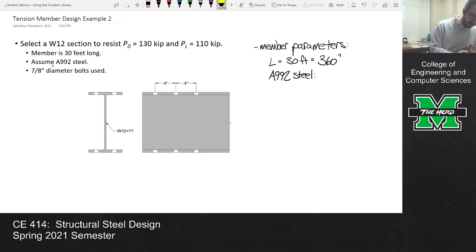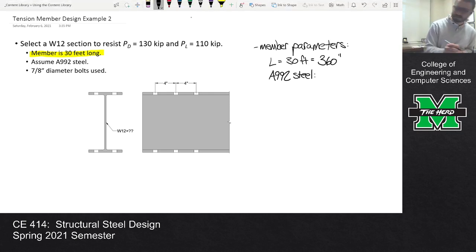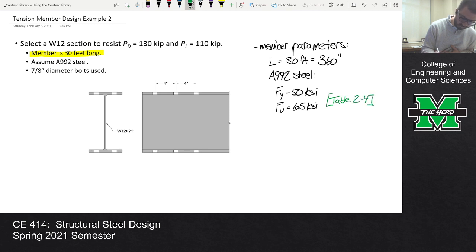We know that Fy is 50 ksi, and that Fu is 65 ksi. That's exactly right. And we get that from Table 2-4. And so that takes care of that.